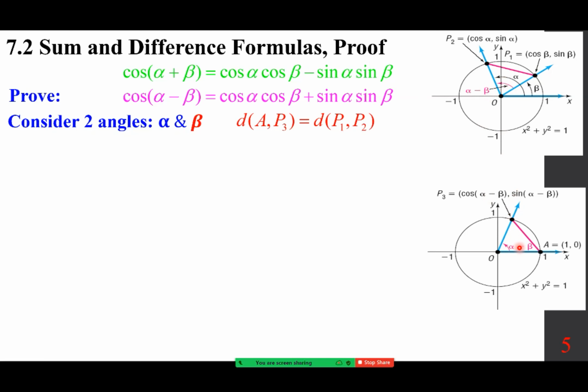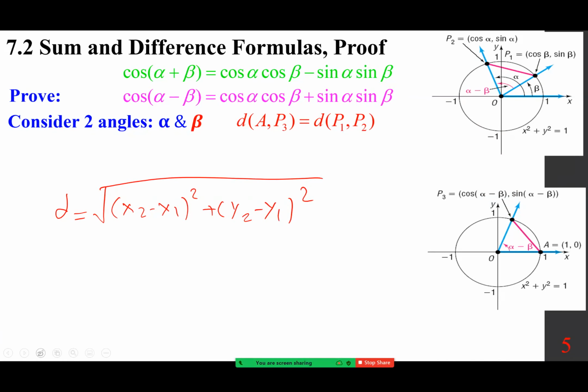So we're going to write the distance formula. Again, I remind you that the distance formula is x sub 2 minus x sub 1 quantity squared plus y sub 2 minus y sub 1 quantity squared. You can write that and then square it, because working with the squared version is easier.